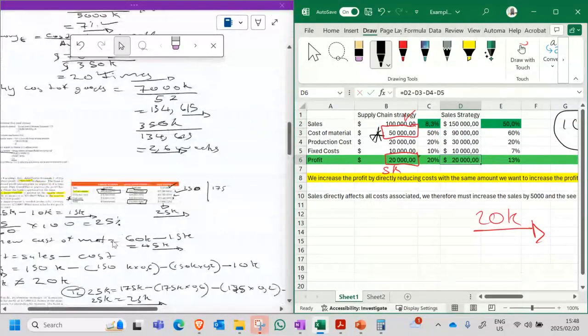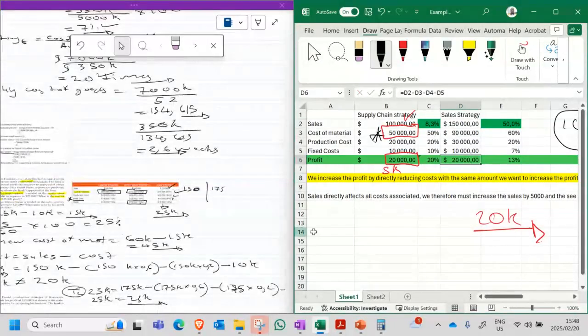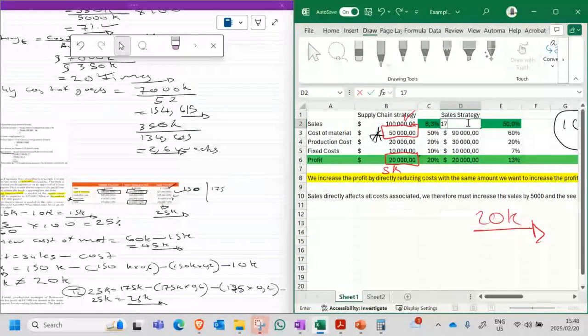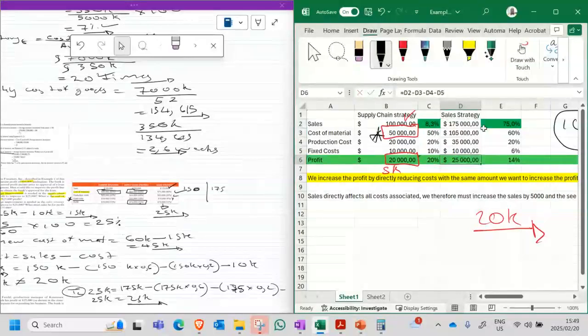You see the 20K not equals to the 25,000 that they are looking for. Then now we are increasing again. 175. And then now we have this 25,000. This one is now 105. This one is 35. This one is 10. And the percentage improvement here is actually 75.